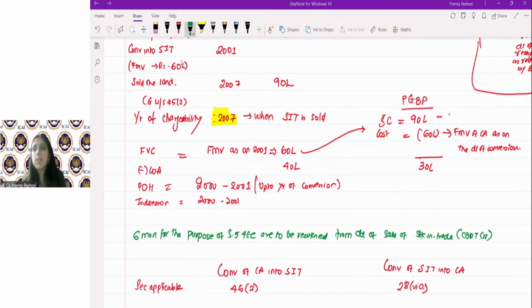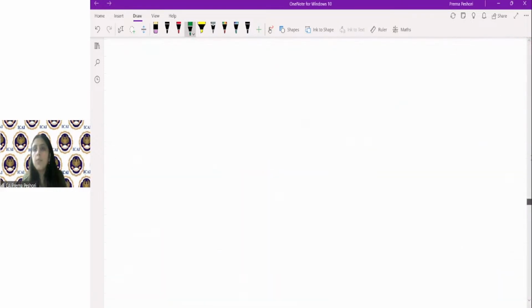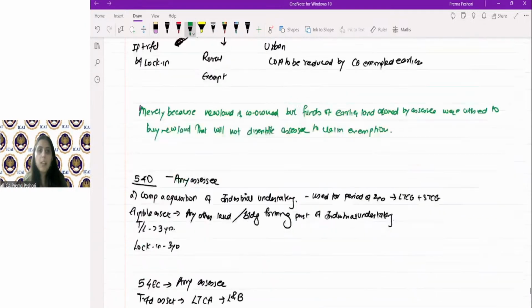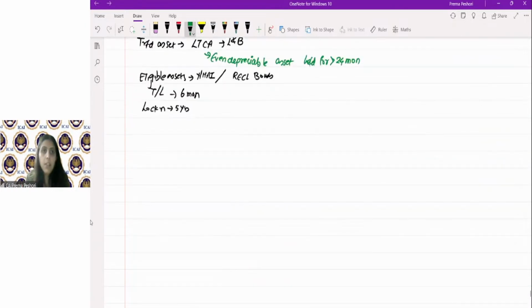Now, what is the maximum amount which can be invested in 54 EC? The maximum amount which can be invested in 54 EC is rupees 50 lakh. So maximum amount rupees 50 lakhs which can be invested here.